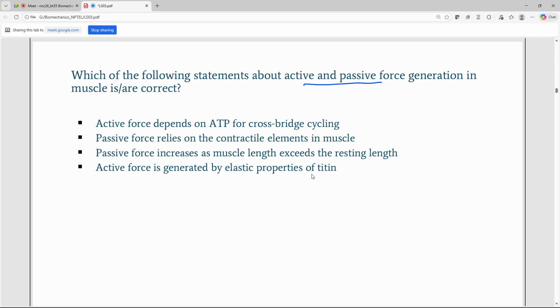Which of these statements are true about active and passive force?